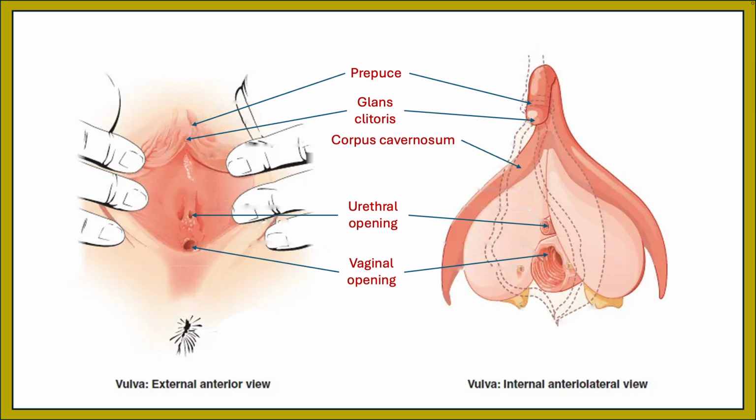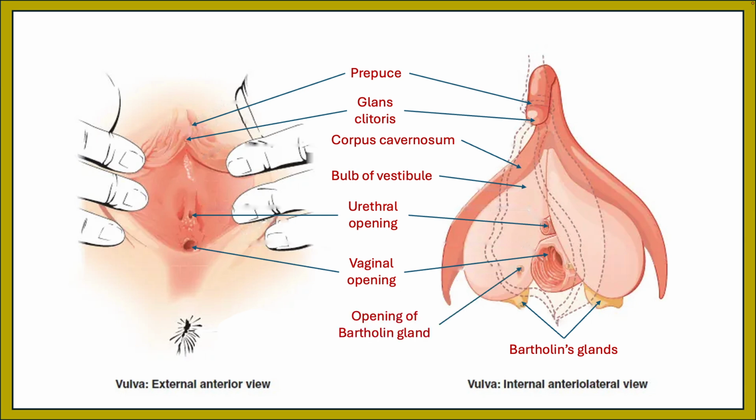The corpus cavernosum and the bulb of the vestibule, you can see, are going to lie superiorly to these two openings and also surround them laterally. You also will have Bartholin's glands, which are going to produce secretions that are going to help aid the female reproductive system.